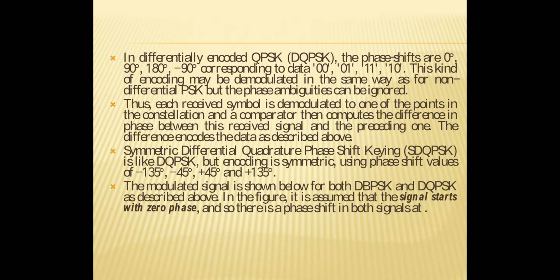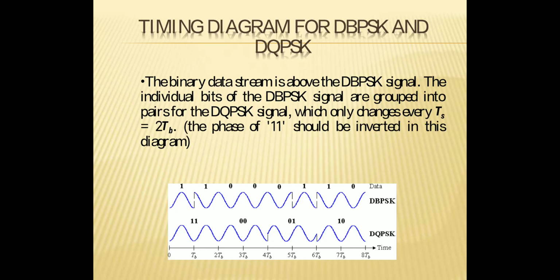Symmetric differential quadrature phase shift keying is like DQPSK, that means differential QPSK, but the encoding is symmetric using phase shift values of minus 135 degrees, minus 45 degrees, plus 45 degrees and plus 135 degrees. The modulated signal is shown. See here, we have differential BPSK and differential QPSK.